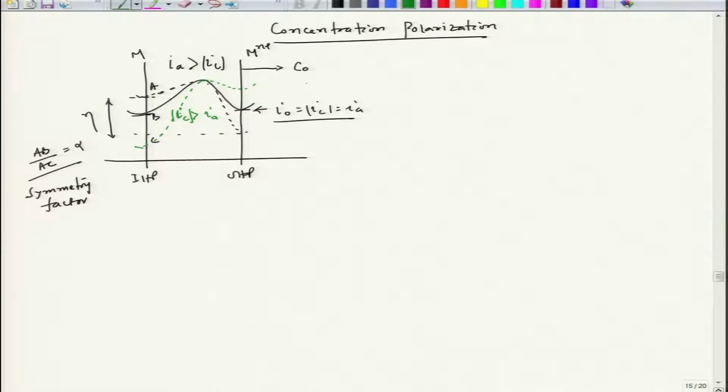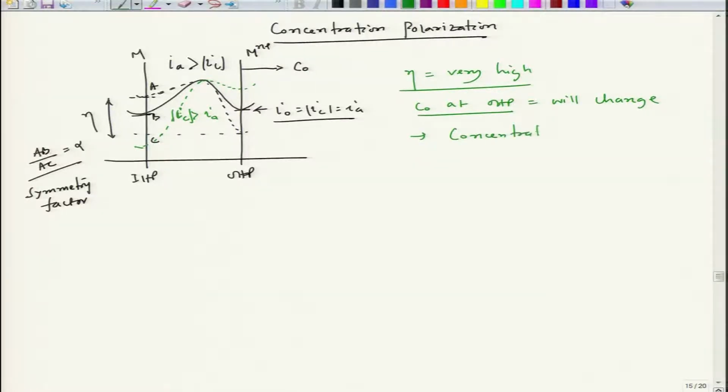So, if we go to a higher polarization, that means overvoltage becomes very high, in those situations C0 at the OHP will change, and that leads to another kind of polarization, which we call concentration polarization.